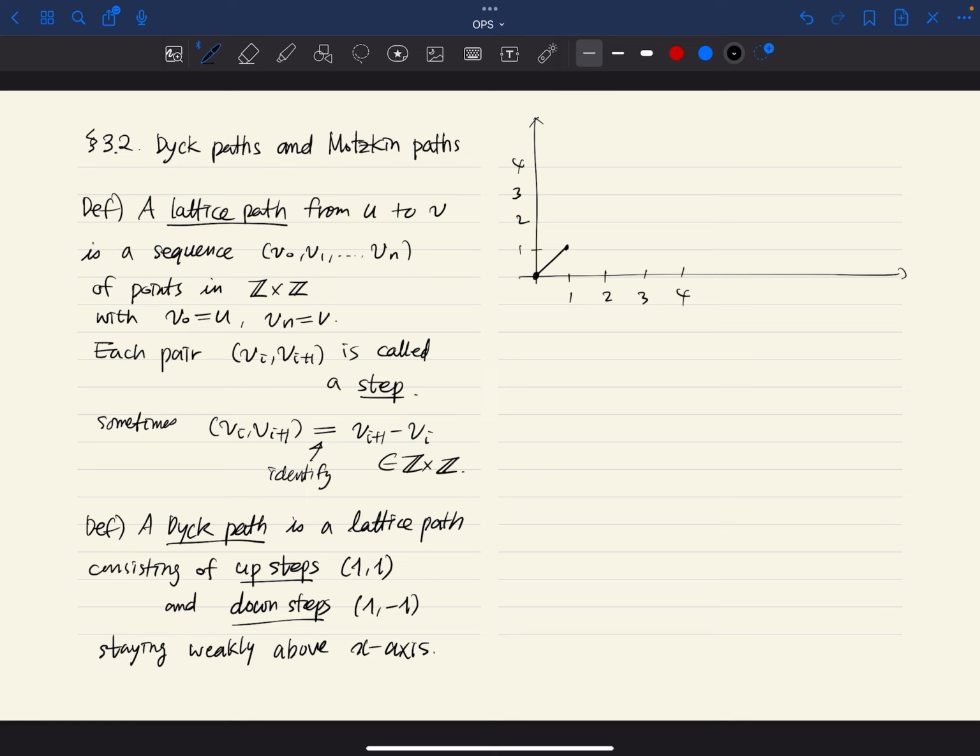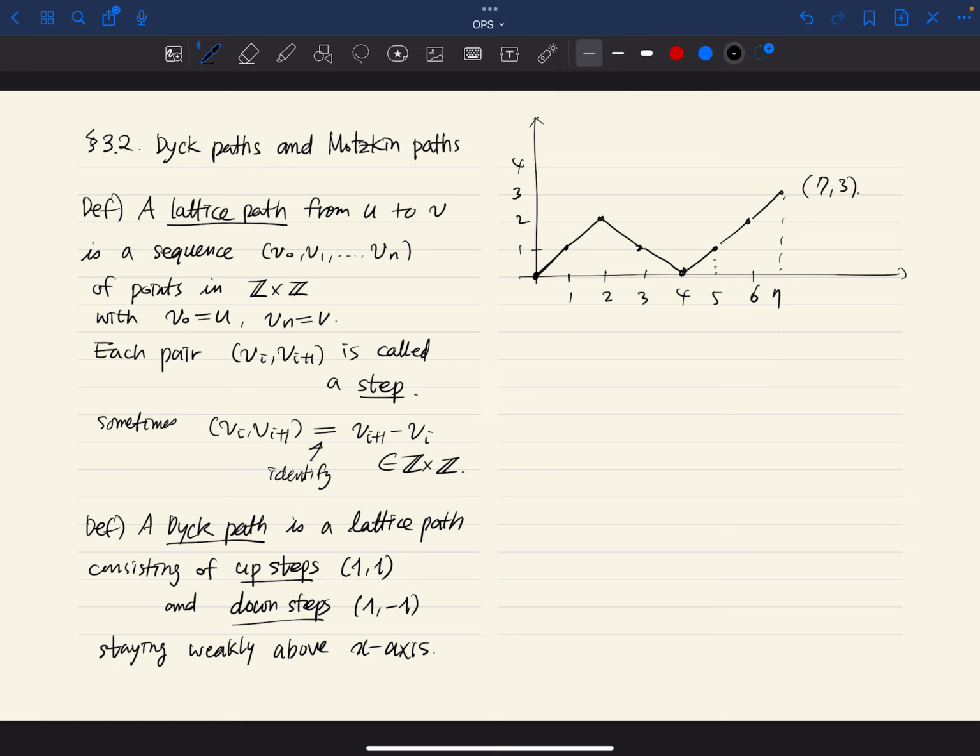So this is an up step, (1, 1), and (1, 1), up step, down step, but you cannot go below like that. Okay, so up step, something like that. So the ending point here is now (7, 3). So this is a Dyck path from (0, 0) to (7, 3). The Dyck path is something like that. It may also start somewhere above or anywhere. So this is a kind of general definition.